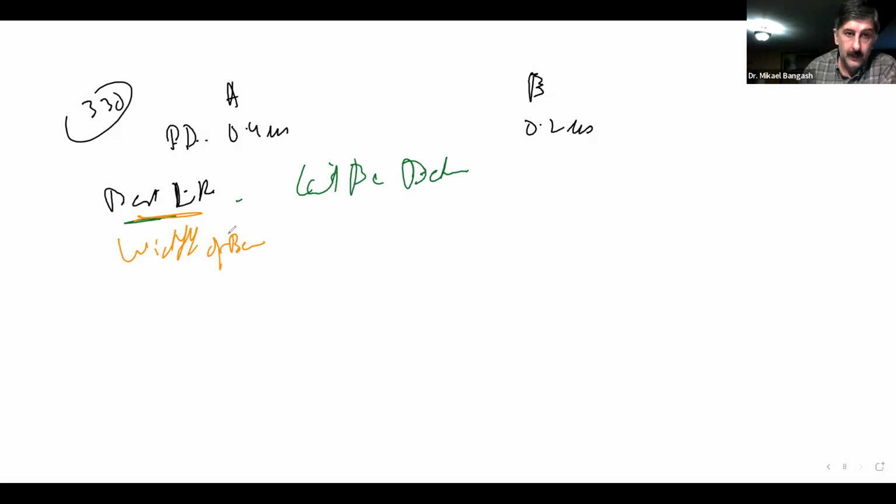Clear. Now both of these pulses here can have the same width, or they can have different widths of the beam. We don't really know. Did that make sense? Yes. Good.